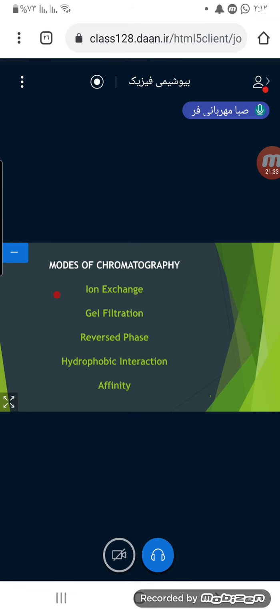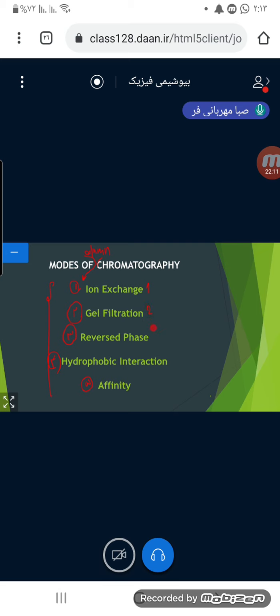Now I want to introduce you to different modes of chromatography, different modes of column chromatography. They are all column chromatography. One of them is ion exchange chromatography, the other is gel filtration chromatography, the other is reverse phase chromatography, the other is hydrophobic interaction chromatography, and the other is affinity chromatography.